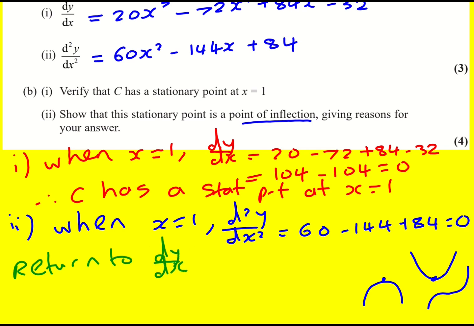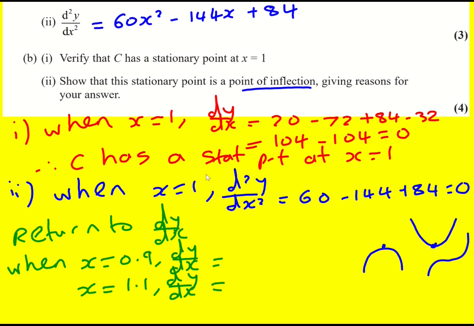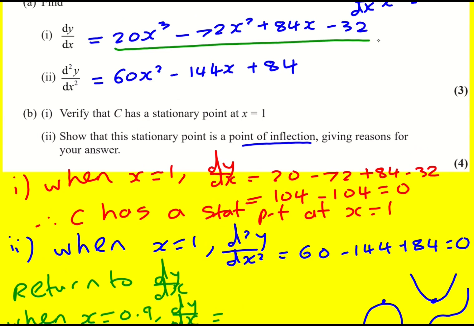Let's look either side of 1. So when x is equal to 0.9, dy by dx, we'll figure that out in a second. And then we'll also look at x is 1.1. So just to the left and just to the right. Now we're going to put that back into dy by dx.